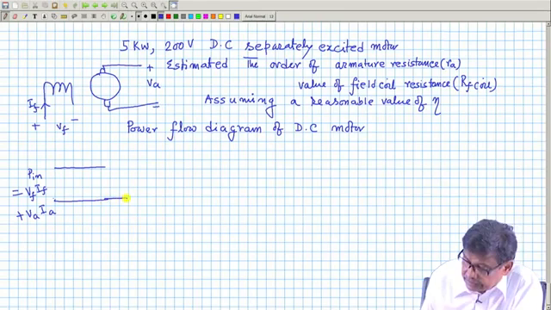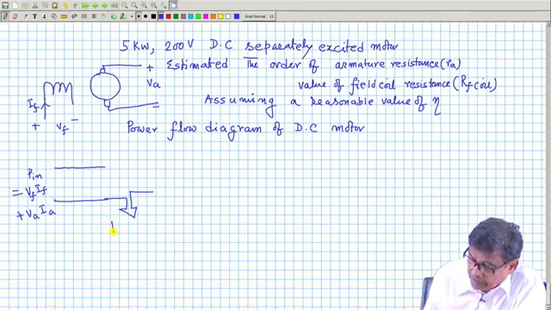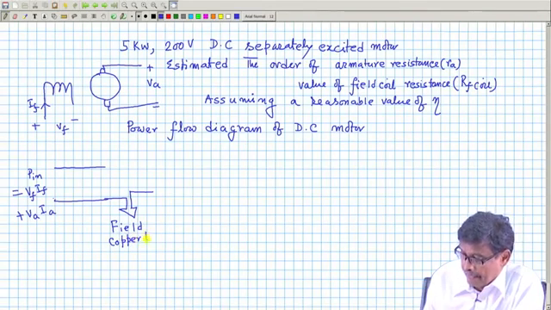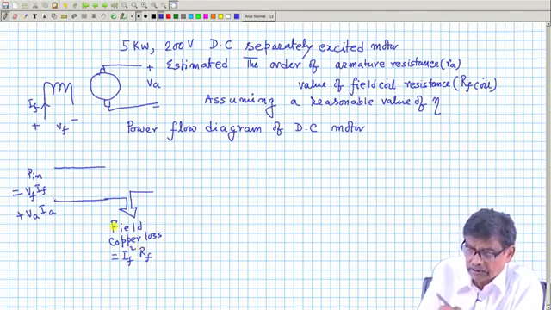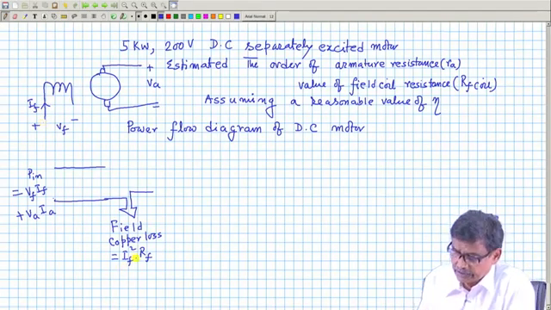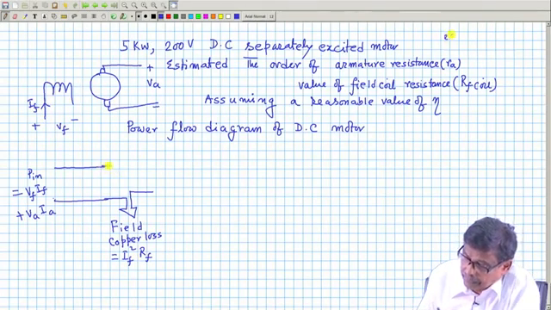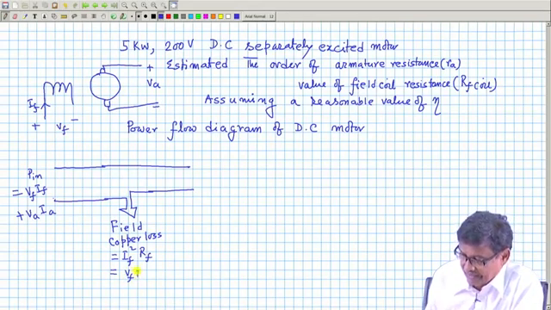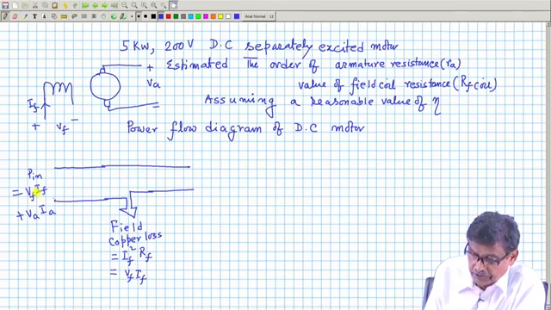From this, a portion will be lost in the field circuit, the field copper loss, which will be equal to I F square into R F. R F is the total; if you have connected any external resistance, that is also to be taken into account. That is also equal to V F I F. So P input is this plus this.